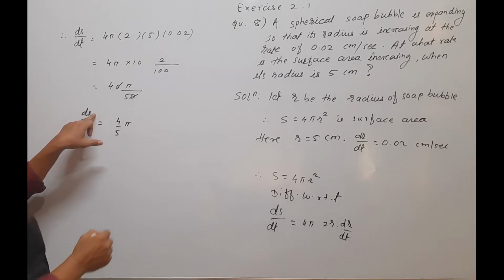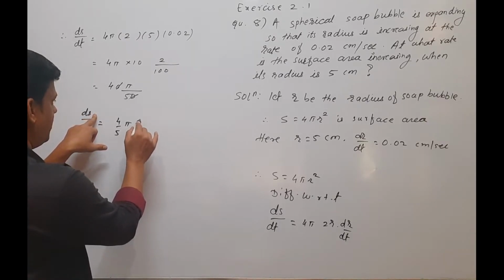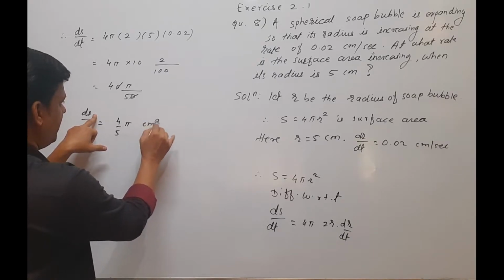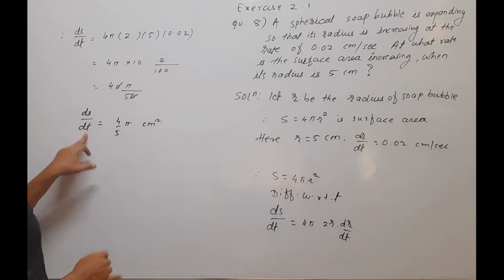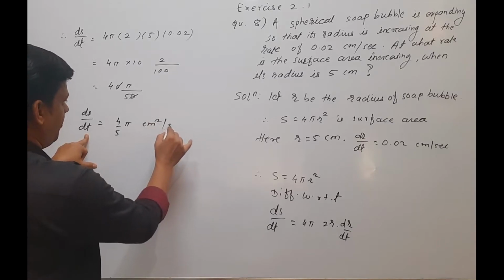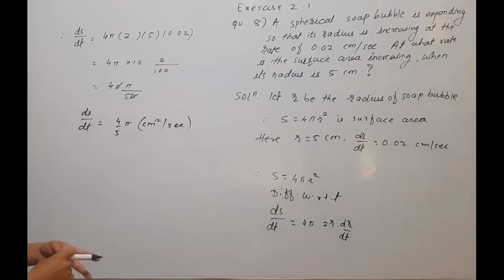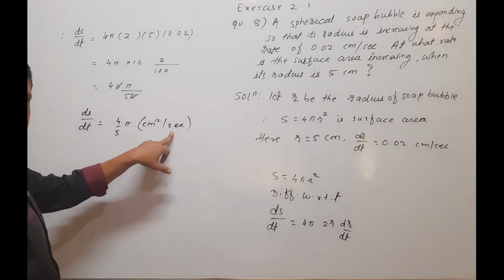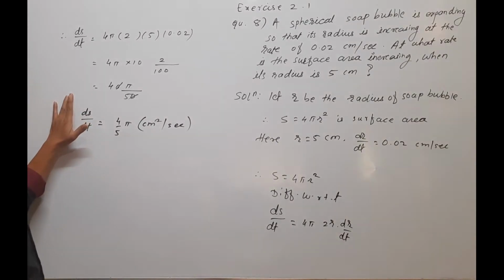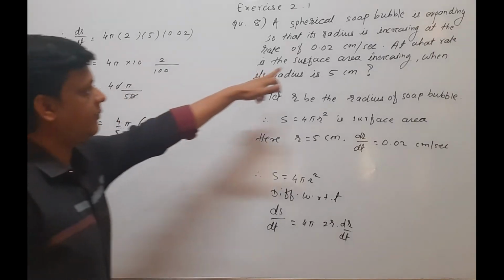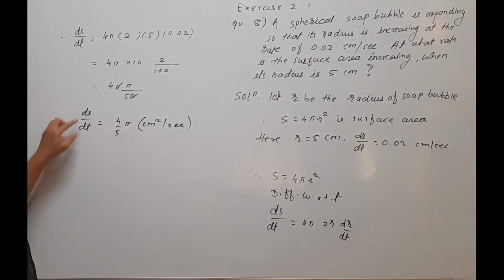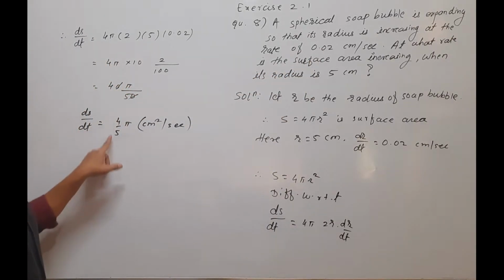So here s means area, so we write here unit for area centimeter square. Here dt, so unit for time is second. So you have to write here unit as centimeter square per second, and so we write surface area increasing is ds by dt equals to.